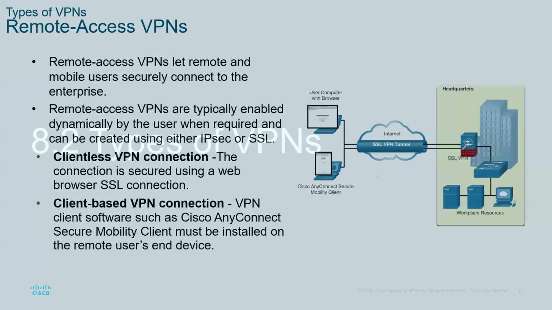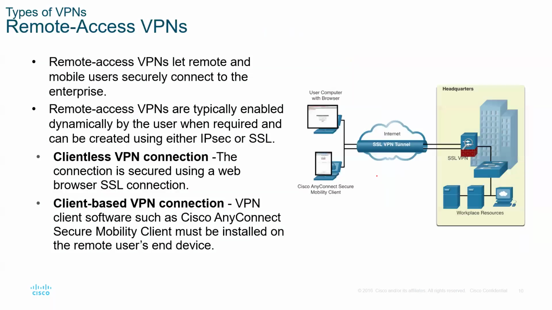Now the types of VPNs. Remote access VPNs, we've discussed those: a client connecting to a network. Remote access VPNs let remote and mobile users securely connect to the enterprise, typically enabled dynamically by the user when required. We have clientless VPN and client-based VPN connections.